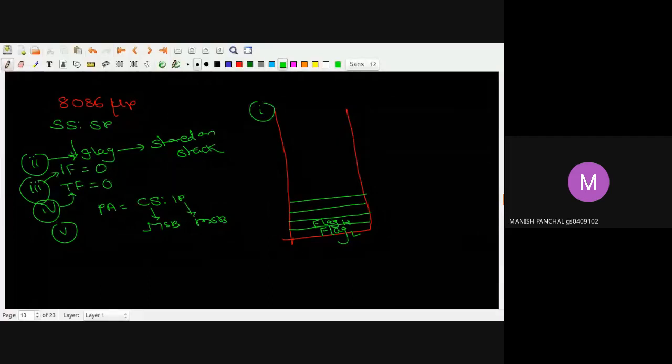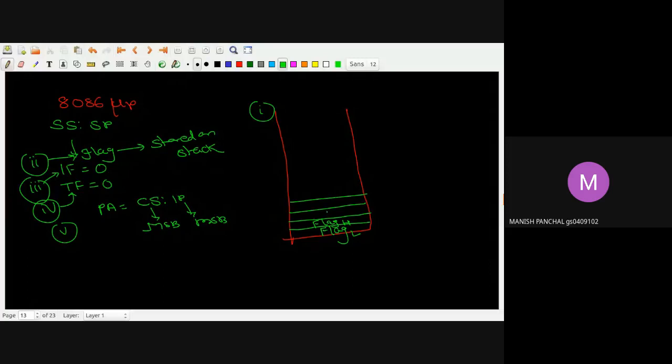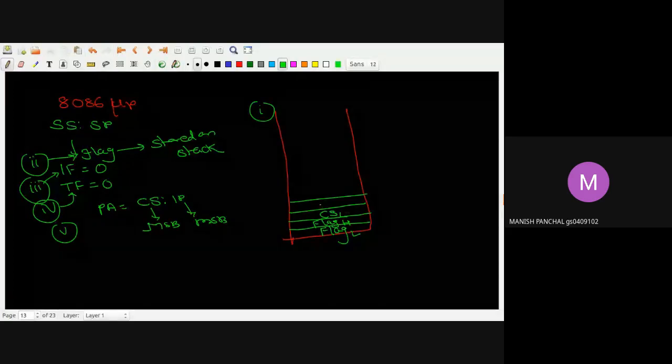If I am considering that this is decreasing, then this CS value will be stored here just like this: CSL, and this is CSH. Okay, so the code segment value is stored here. Again it is decremented, and the value of IP will be stored just like this, IPH and IPL.